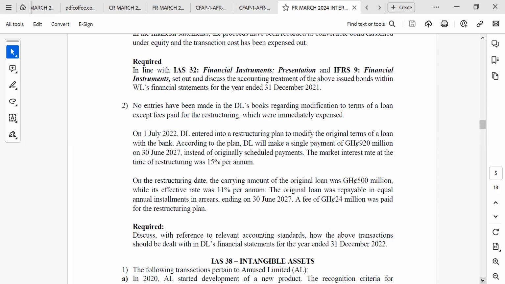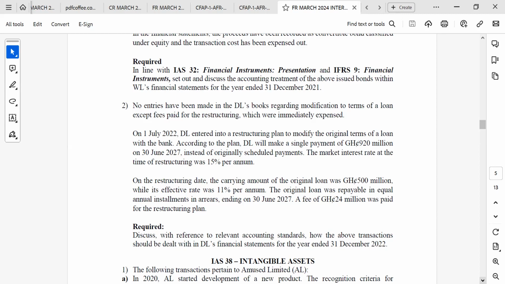The market interest rate at the time of restructuring was 15% per annum. On the restructuring date, the carrying amount of the original loan was 500 million cedis, while its effective rate was 11% per annum. The original loan was payable in equal annual installments in arrears, ending on 30 June 2027.